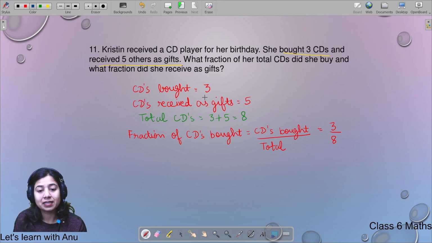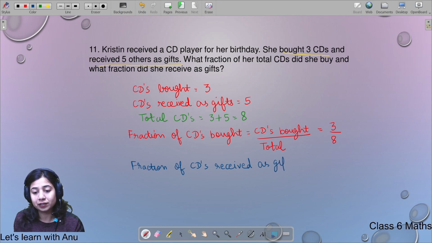Second part, they are asking fraction of CDs received as gifts. How many? I'm writing CDs received as gifts here upon total number of CDs, right?